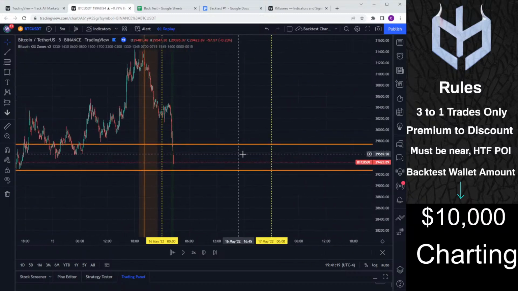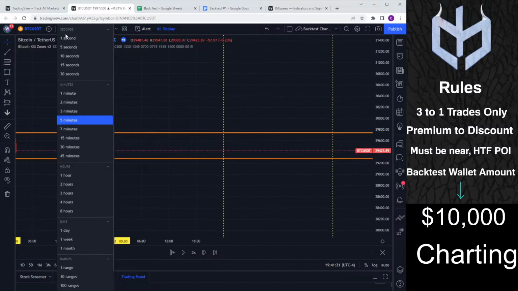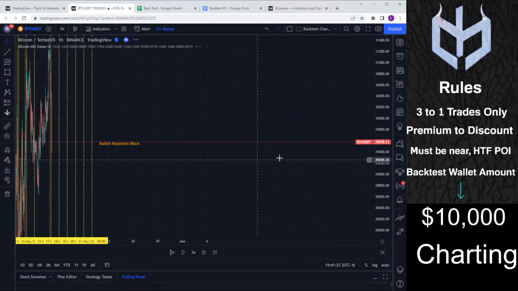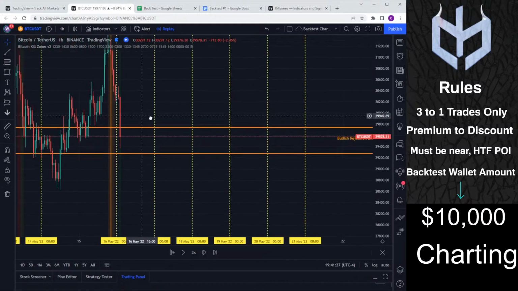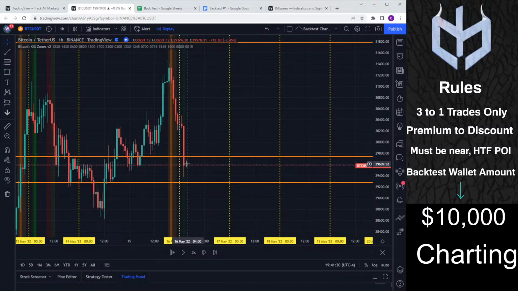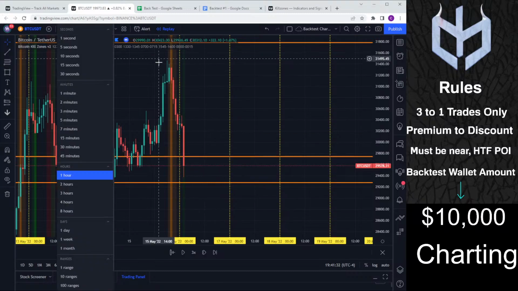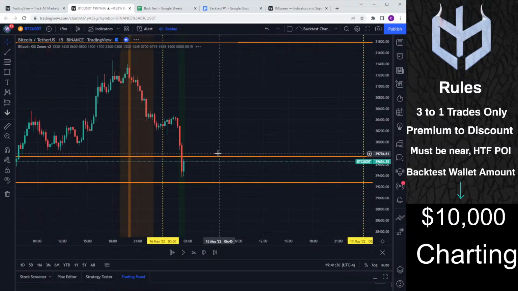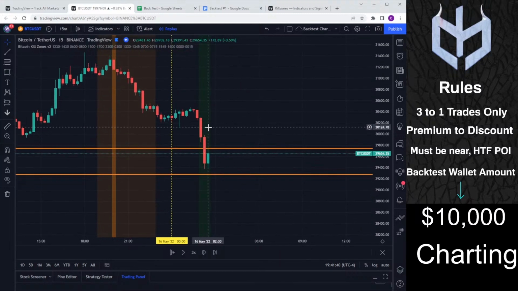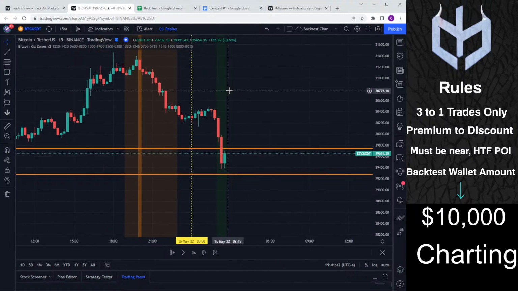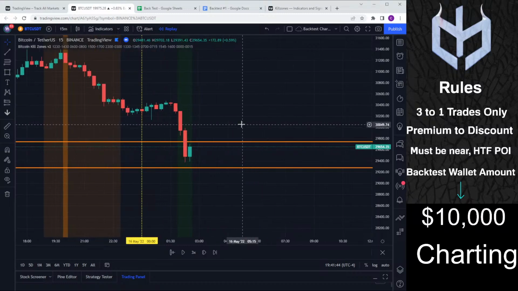However, we are here, deep into the bullish rejection block. Pulling out of it, entering into a new kill zone here.